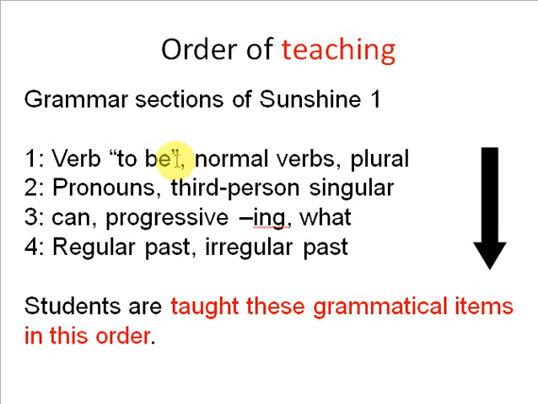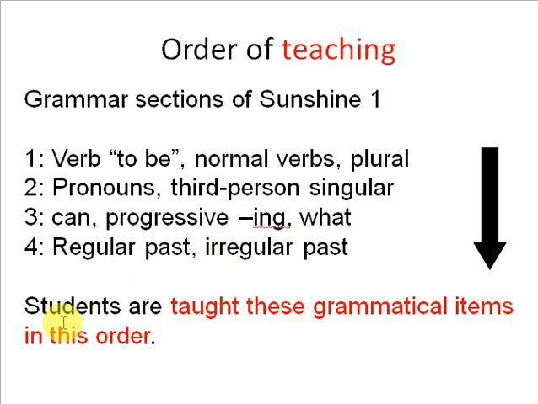Then other types of normal verbs, general verbs like go, eat, read, have, and plural nouns as opposed to singular nouns, dogs, and pronouns like I, my, me, you, he, she, that kind of thing, and third person singular. And I think you can understand these.